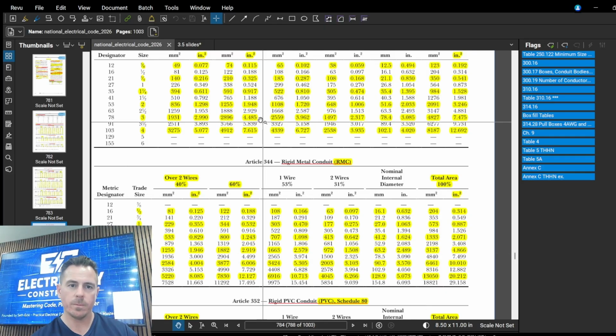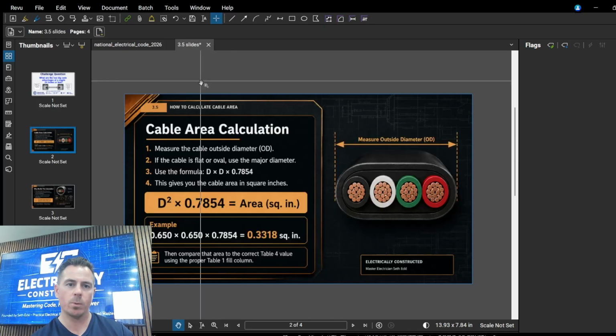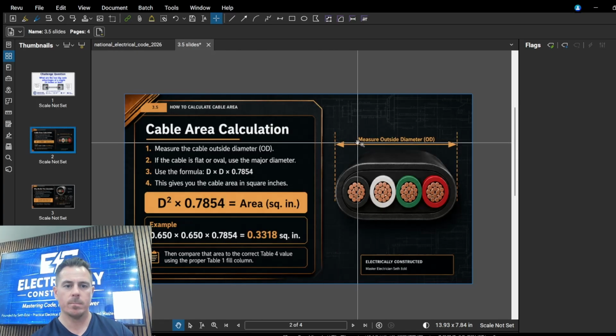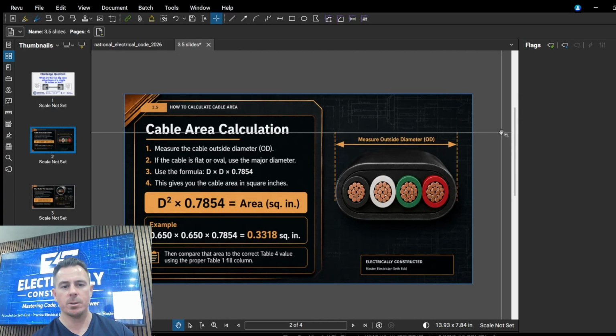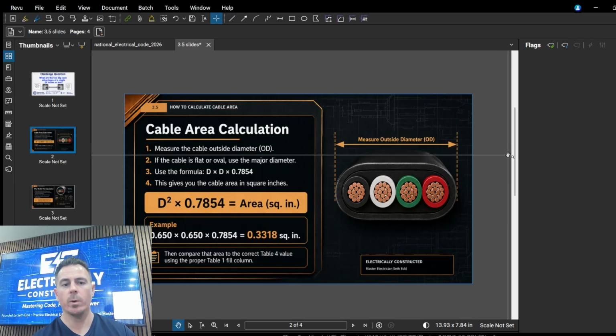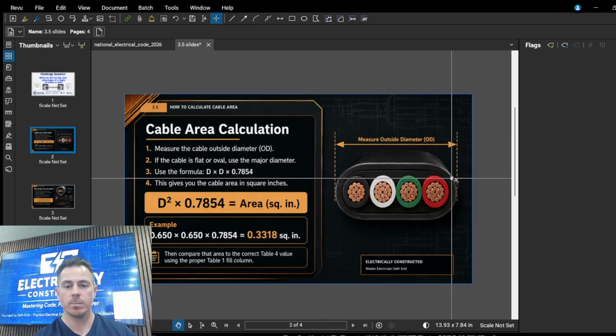We went through that a little fast, so let's open up some slides and talk through this one more time. All right, so cable area calculation. First, we want to measure the cable outside diameter. If the cable is flat or oval, we want to use the major diameter of that cable. So just like in this picture here, we would use the largest part of the cable.